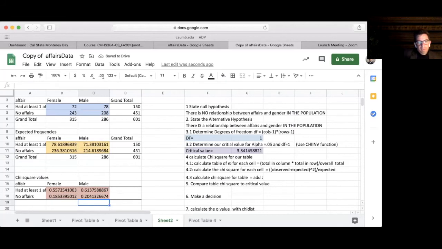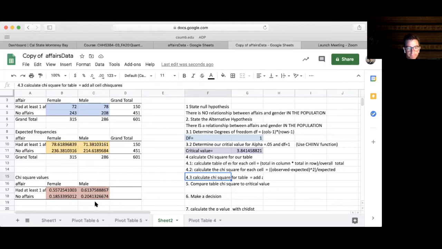All right, we calculated the chi-square for each cell using that formula. Now we need to calculate the chi-square statistic for the whole table, right? And for that, we add all the cell chi-squares.